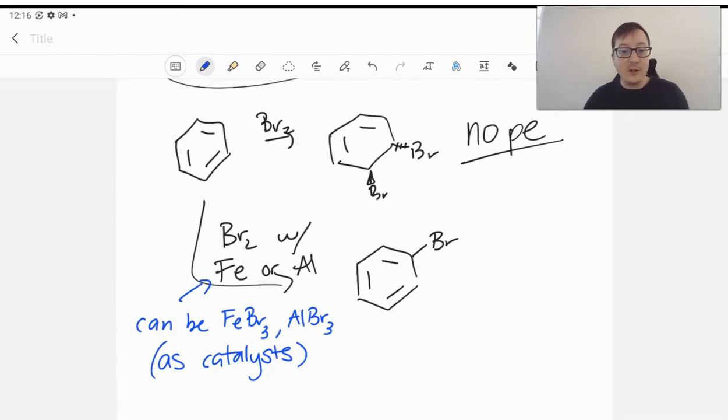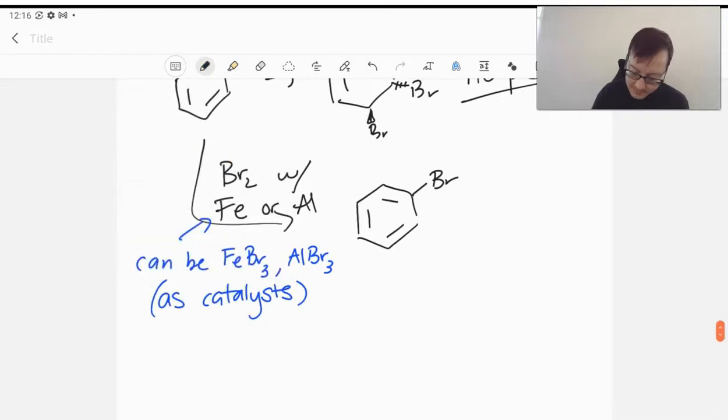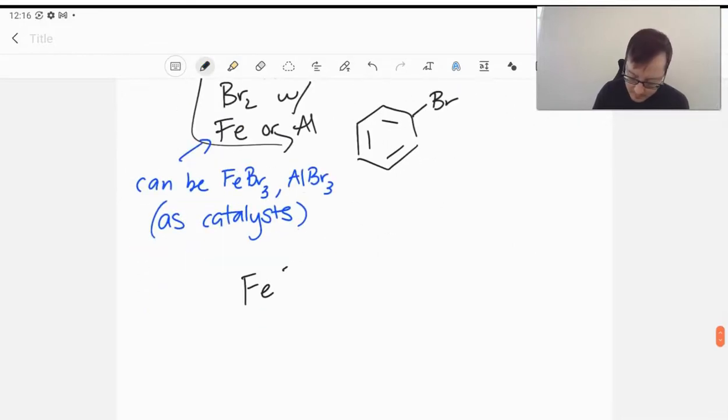And we can first take a look at what's going to happen when a bromine molecule interacts with iron 3 bromide. So if we take consideration of FeBr3, we have a nice trigonal planar molecule. I'm not drawing the bonds correctly, but that's okay.